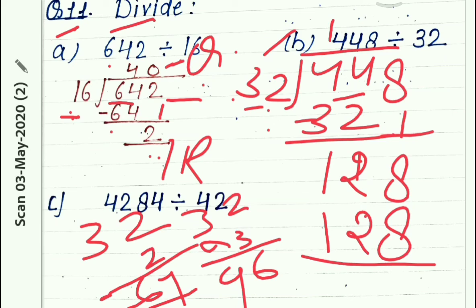It means 128 is completely divisible by 32, so put a cross, or otherwise we can take a 0 also, because 128 minus 128, 0 is left.